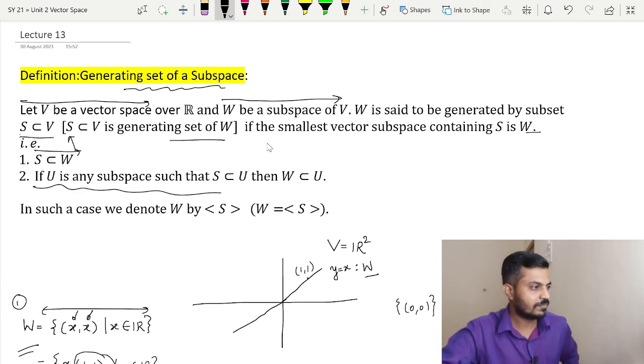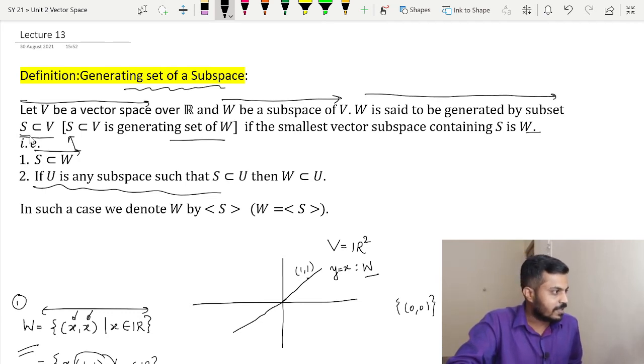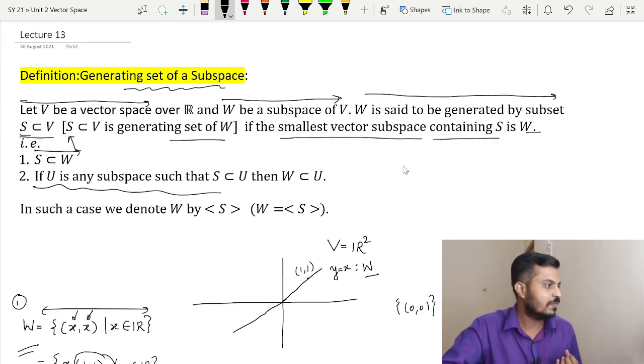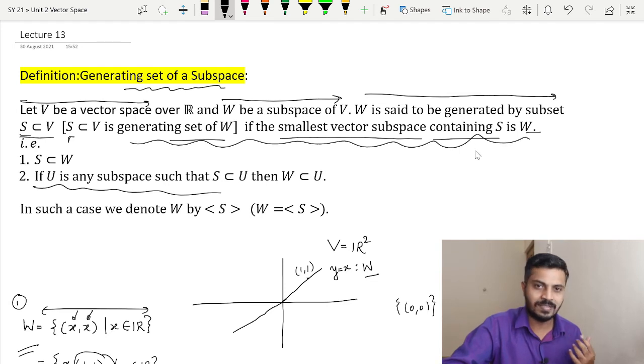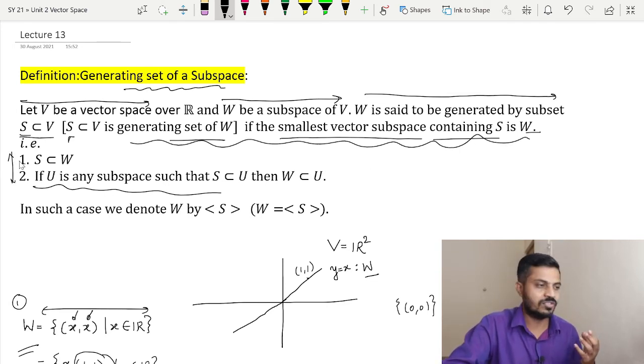As you can see here, W is said to be generated by set S if the smallest vector space containing S is W, and if you are not getting it, this statement is equivalent to these two conditions.